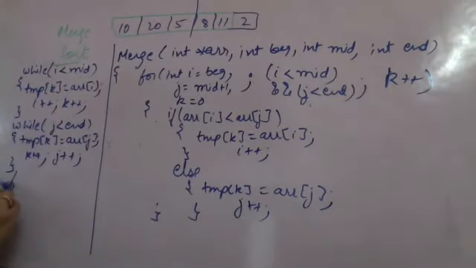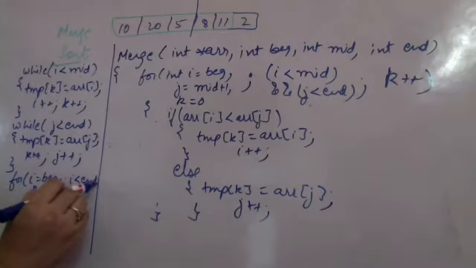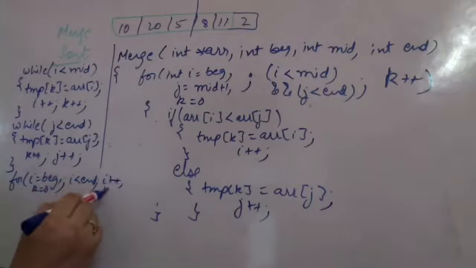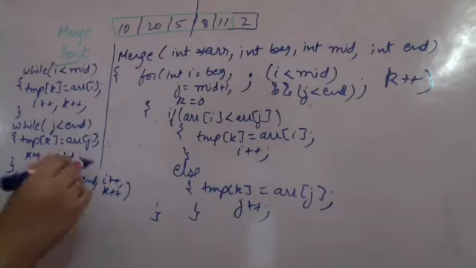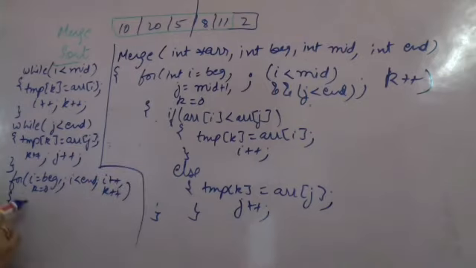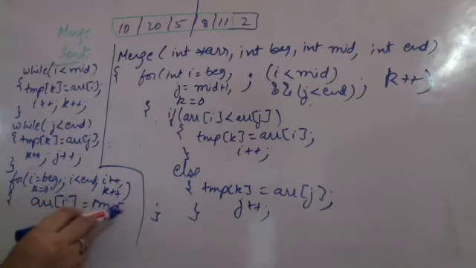So I will run a loop for i equal to beginning, k equal to 0, and i should be less than end, doing i plus plus and k plus plus. Within this, I am doing array of i is equal to temp of k. I am just copying back the sorted array into the original array, and the function ends.